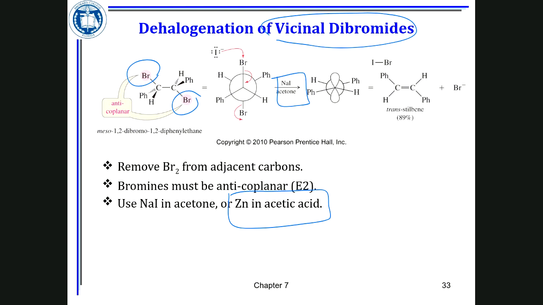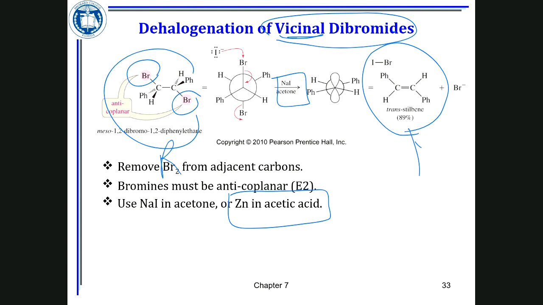What is your reactant in this case? It is a dibromo compound, dibromo diphenylethane, and then your product is alkene. So it's a vicinal dihalide, and you have your reactant and you have your product. You must memorize your reagent.